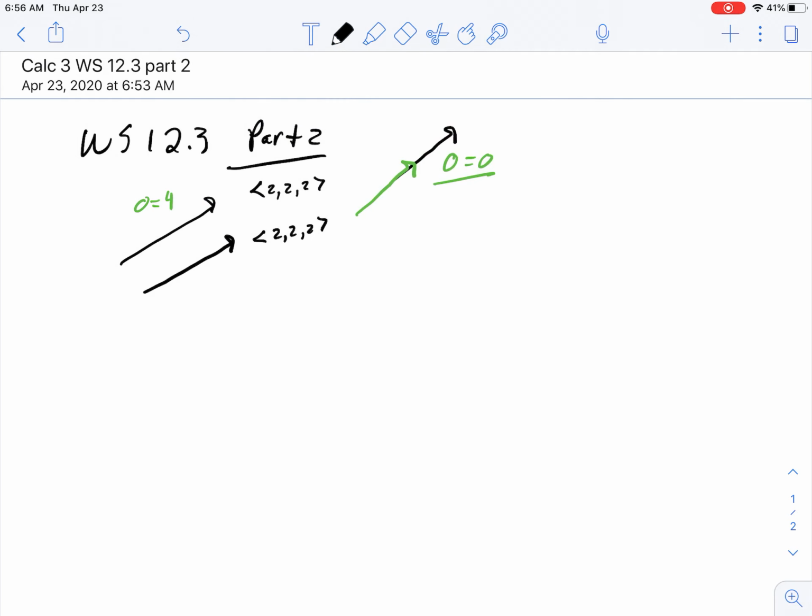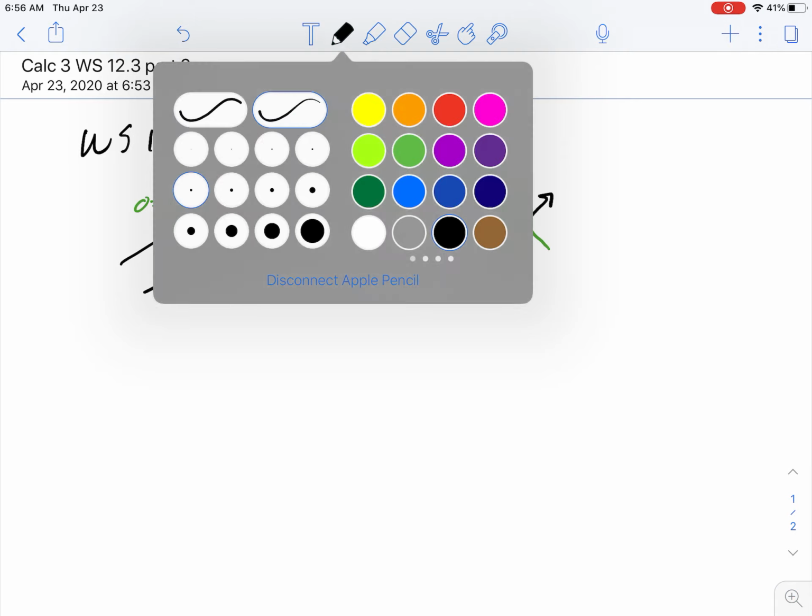The other part too is if you have skew lines. So like, for example, you have this and you go through and you have your second one, and therefore they cross at some point.